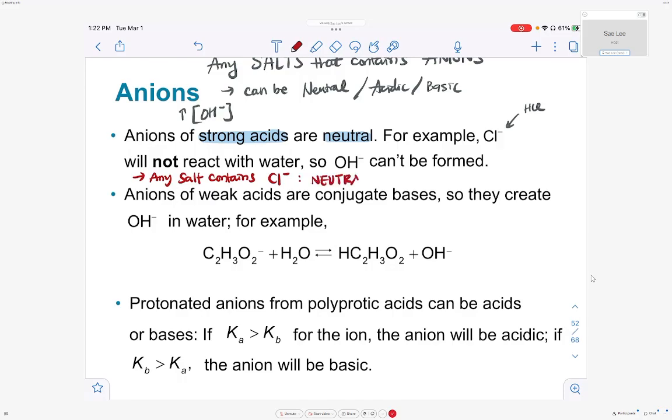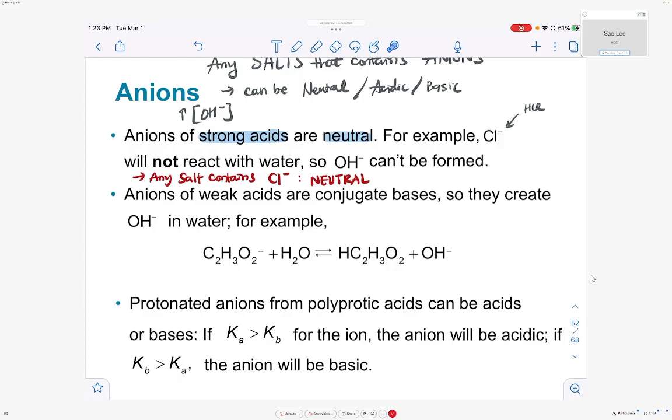Dr. Lee, I have a question. When an ion steals a proton from water, it makes hydroxide ions, making it an acid or a base? You were correct up till steal the proton from water.